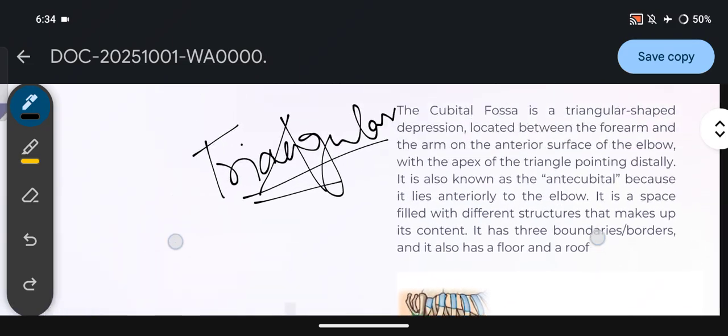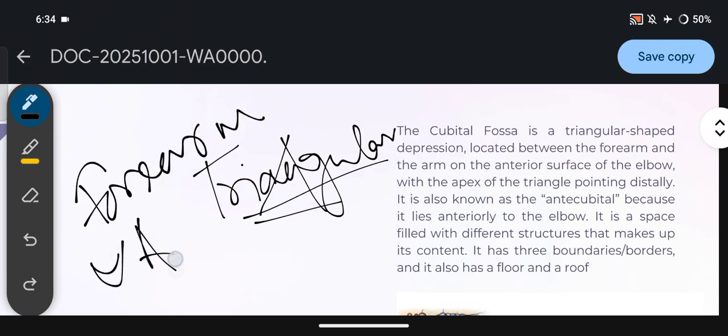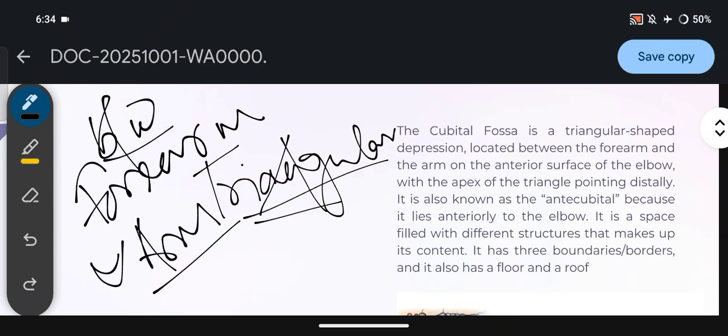Now let's read it again. Cubital fossa is a triangular shaped depression which is located between the forearm and the arm. So location is between forearm and arm, and on the anterior surface of the elbow with the apex of the triangle pointing distally, and it is known as the antecubital.